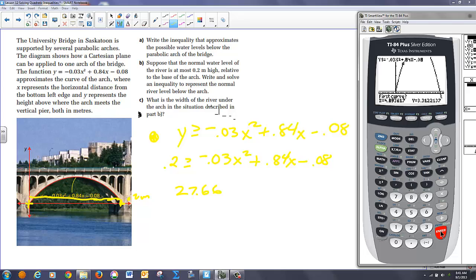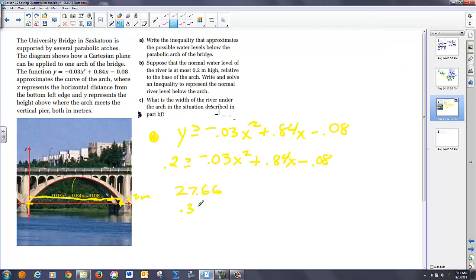I'm going to hit enter 3 times. And 0.33. 0.34, let's say. So these are my critical numbers. And we notice the graph looked like this, and we're above here. So once again, if those are my critical numbers, and where is this greater, it's in between that interval.